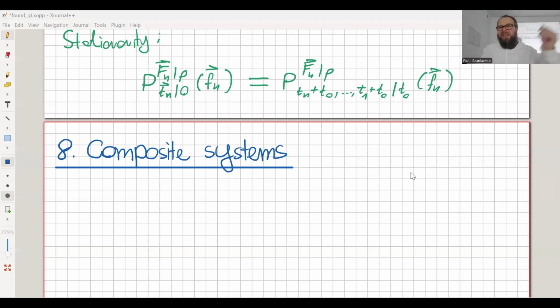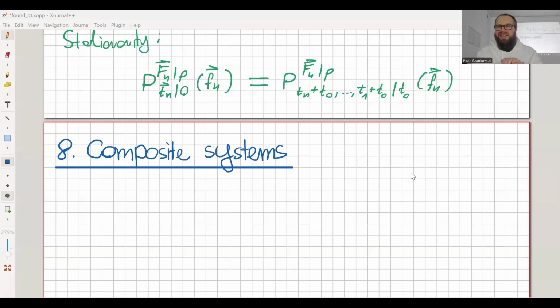Okay, but there is still one more scenario we have to take care of. That is composite systems, right? It was a very important step for us to consider experiments with partitionable systems, that we had a system that we could consider is actually composed of many subsystems.